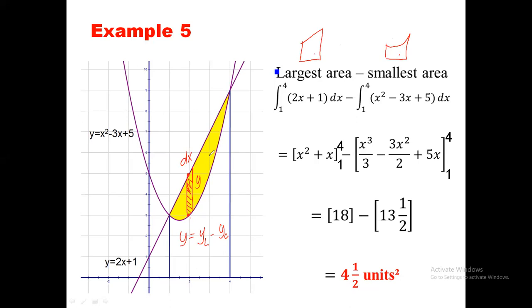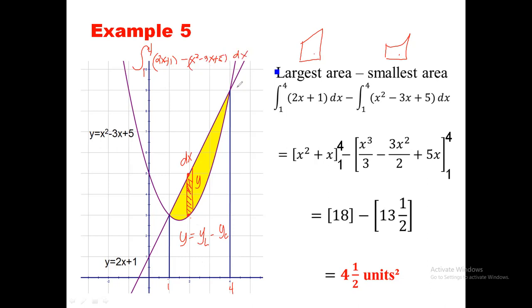But actually, what you're doing is just getting the difference of the y of the line and the y of the curve, which represents the length of this differential element. This would be your limits, x equal to 1 to x equal to 4. So from 1 to 4, you evaluate the integral representing the difference: the equation of the line, 2x plus 1, minus the y of the curve, x squared minus 3x plus 5.